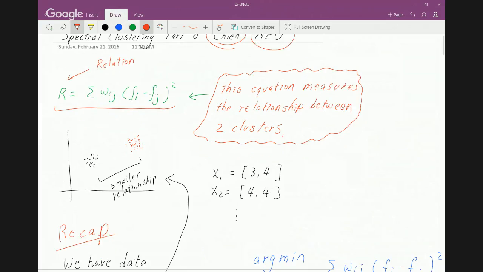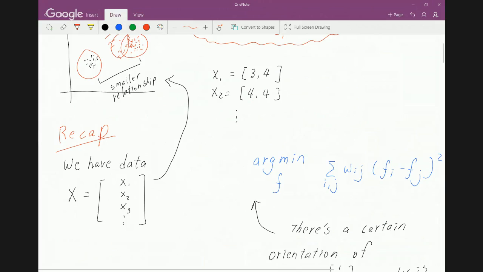If we look at these two clusters, obviously we want them to be as far apart as possible, so it's easier to tell them apart. If they start getting really close to each other, and another cluster is like that, it becomes confusing. So our whole goal is to find some kind of clustering F, such that the relationship between the two clusters is as far away from each other as possible.